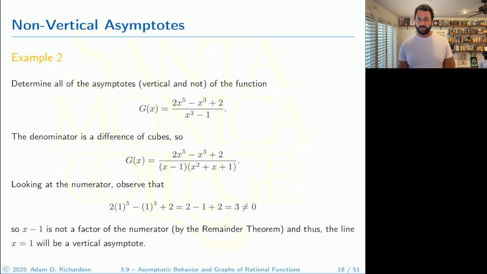If you evaluate the numerator at 1 and you get 0, then that means x minus 1 is a factor. So let's try it. I evaluate the numerator at 1, and I don't get 0, I get 3. So that means that x minus 1 is not a factor of the numerator. So this indeed will give rise to a vertical asymptote. There we go. That's our vertical asymptote.